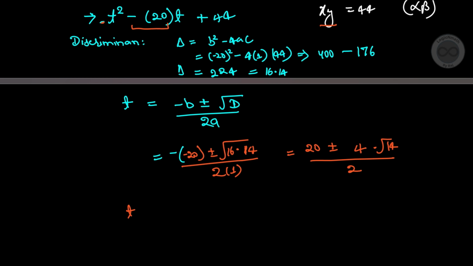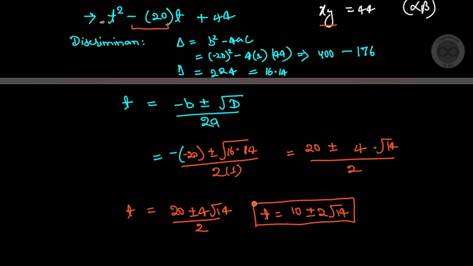So t is equal to 20 plus or minus 4 root 14 over 2, which on division by 2 gives t is equal to 10 plus or minus 2 root 14.